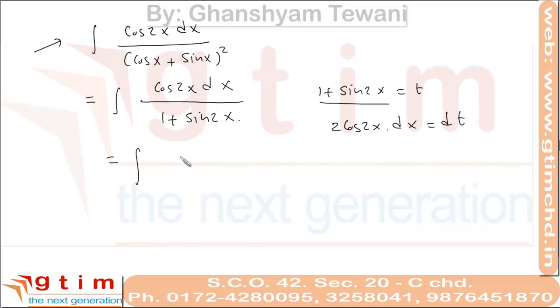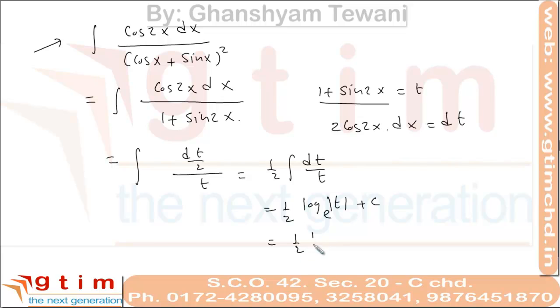Then this changes to dt by 2 upon t. And integration of this function is log of modulus of t. Then you put the value of t, that is 1 plus sine 2x.